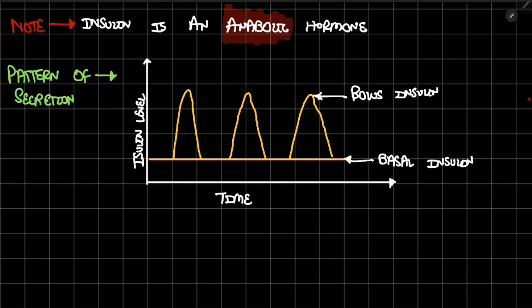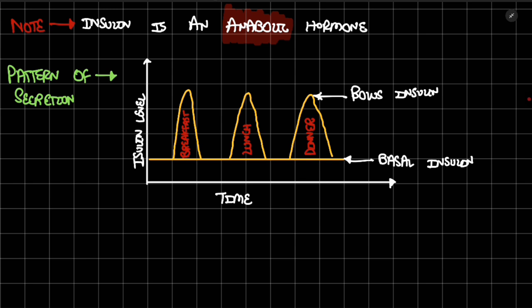Ideally, this is the breakfast, this is the lunch, and this is the dinner. When you eat something, it contains glucose, and the glucose needs fixation. So suddenly the glucose level of the body increases, and we need more insulin than normal.